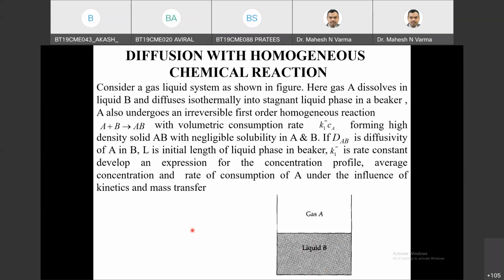Why is concentration assumed to be constant in R direction? Akash? Roll number 45, Prabodh.